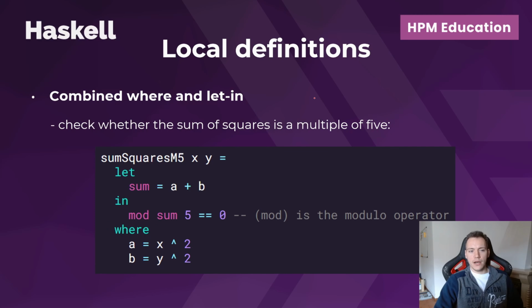We can also combine both where and let-in syntax together. So in this example, we want to check whether the sum of squares of two numbers is a multiple of 5. We still take in two arguments, x and y, and then we have one let-in expression and one where.